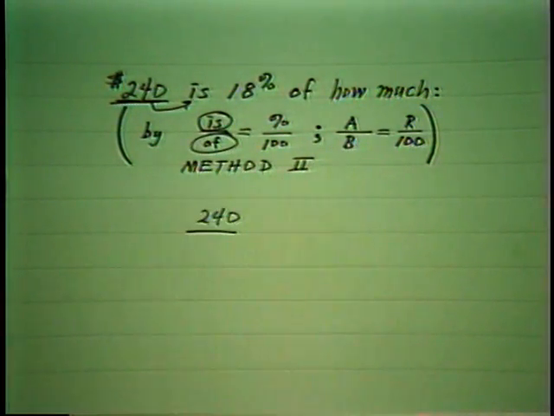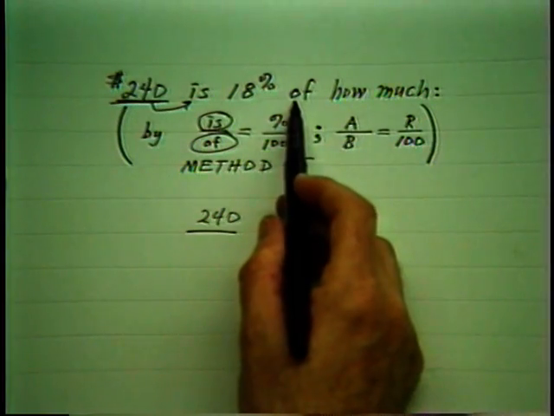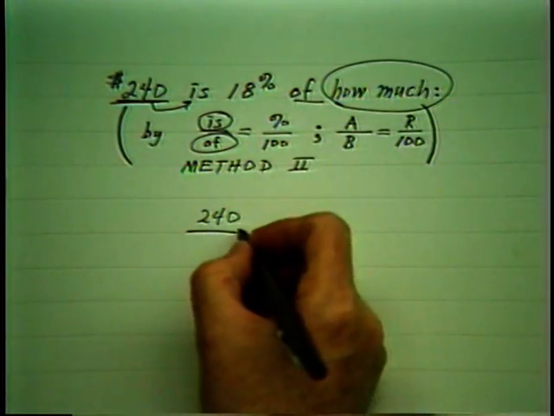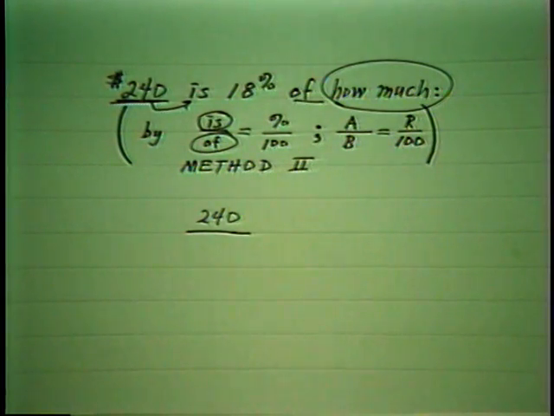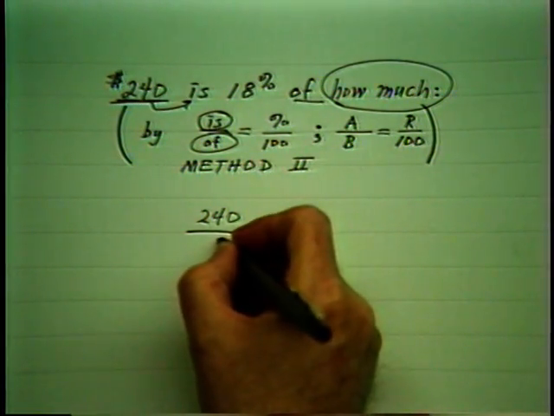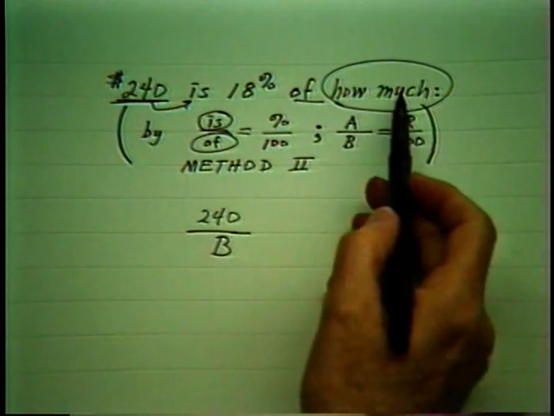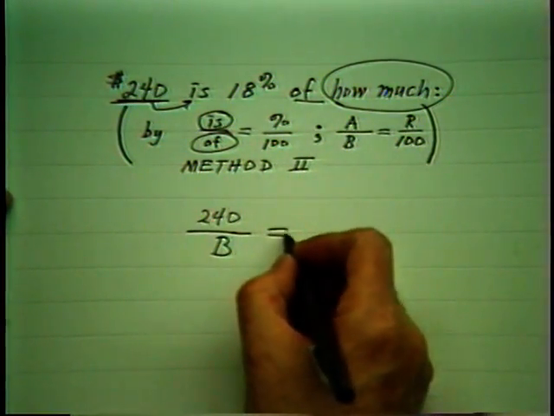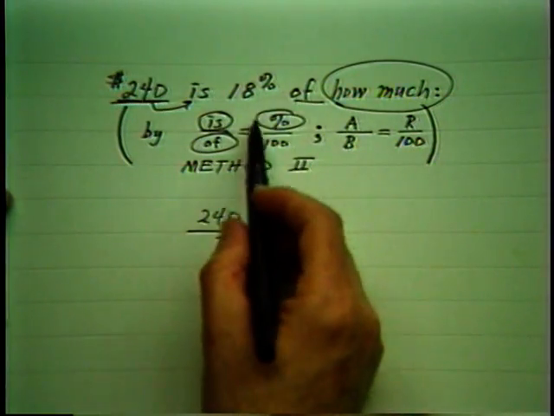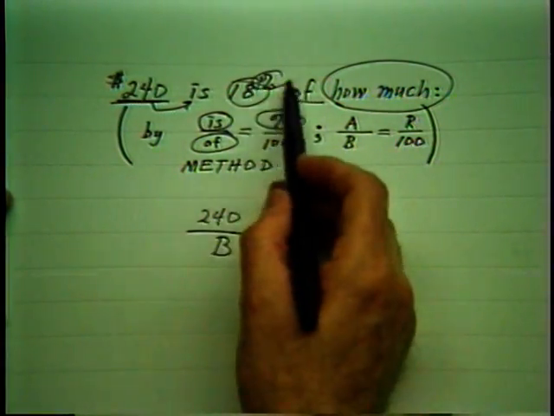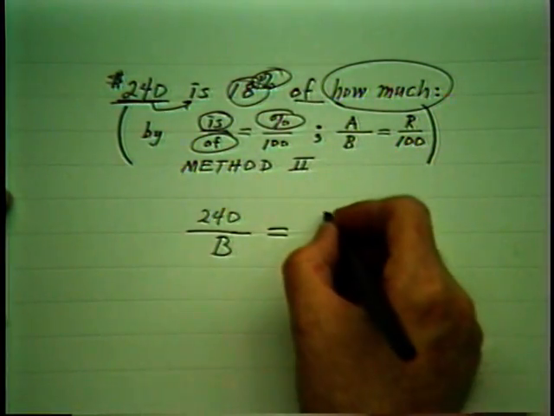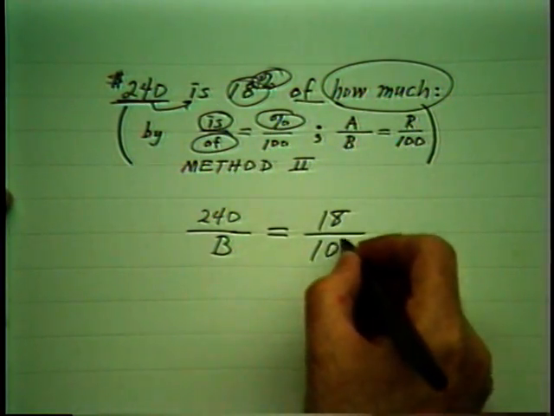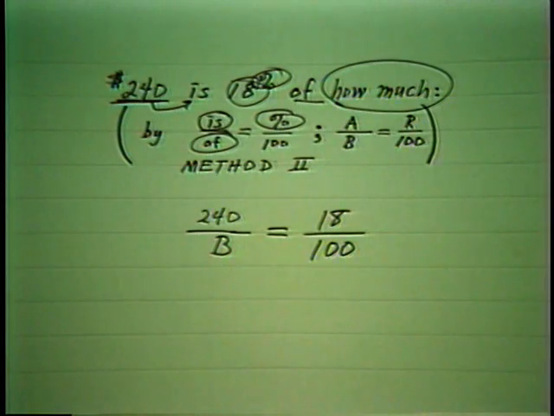Then we ask what number is attached to the of. Well, that's how much, so I'll call that by a letter, in this case B, because again base is what follows the of, but any letter would have done. Equals percent, which is clearly the 18 that's attached to the percent, and then this 100 is simply a constant to this type of situation.